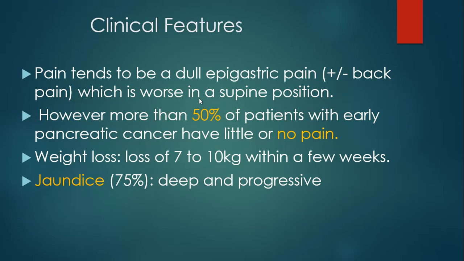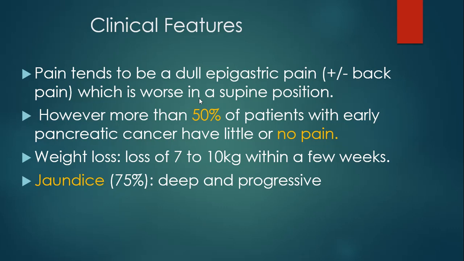If we look at the clinical features, pain is one of them, and it tends to be a dull epigastric pain which may radiate to the back, and usually it is very vague pain, worse when the patient lies supine.